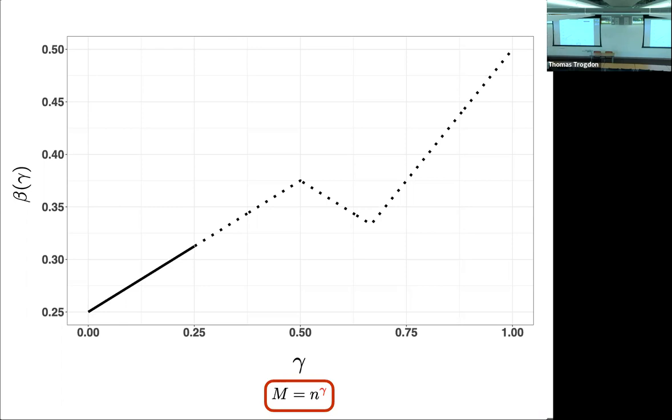And then this is essentially like a bias-variance trade-off. When you're scaling up the number of nearest neighbors, the efficiency first increases and then decreases and then increases. So this is a typical bias-variance trade-off.